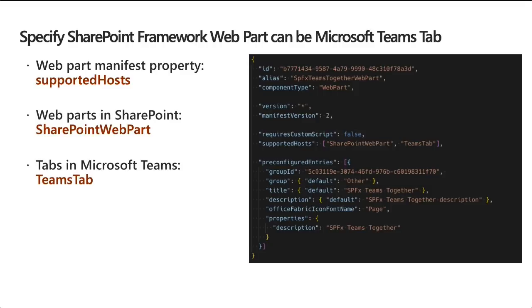For the sake of our topic right now, there's really just two options that you care about. If you want this to be listed as a web part inside SharePoint so it can be used as a traditional SharePoint Framework web part, you would list the option of SharePoint web part. If you want it to be used as a tab inside of Microsoft Teams, you would say Teams tab. So whenever you have one of these listed and one of them not listed, you're going to have these different cases of when these things can be used.